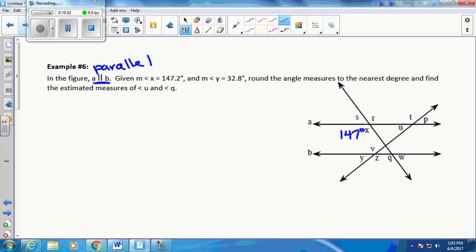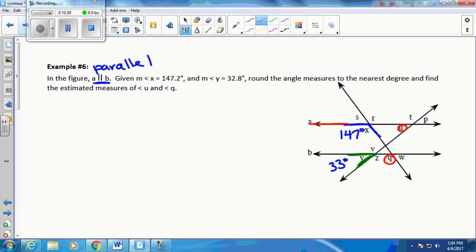Y is going to become 33 degrees. Okay. Angle X is right here. That clearly appears to be an obtuse angle. And angle Y is right here, and that one clearly appears to be an acute angle. So they want us to find the measure of angles U and Q.